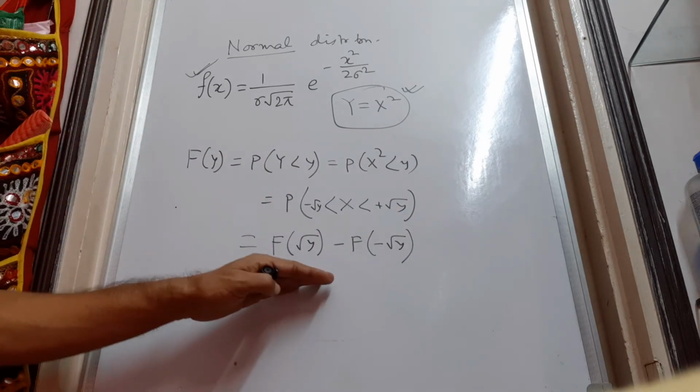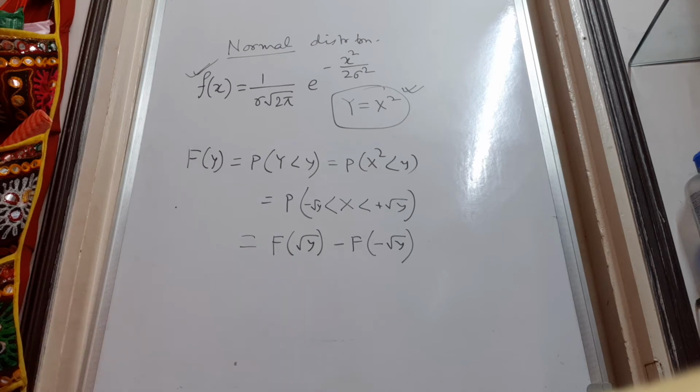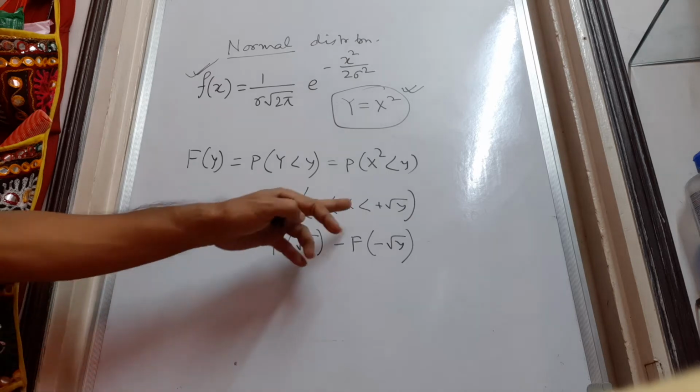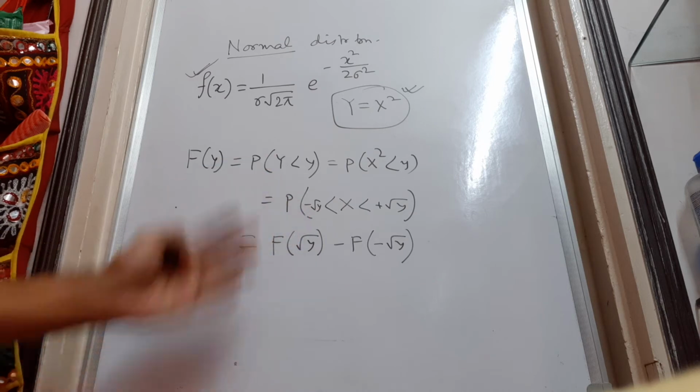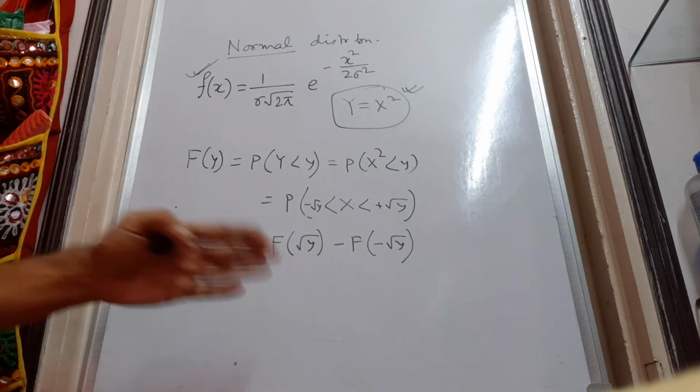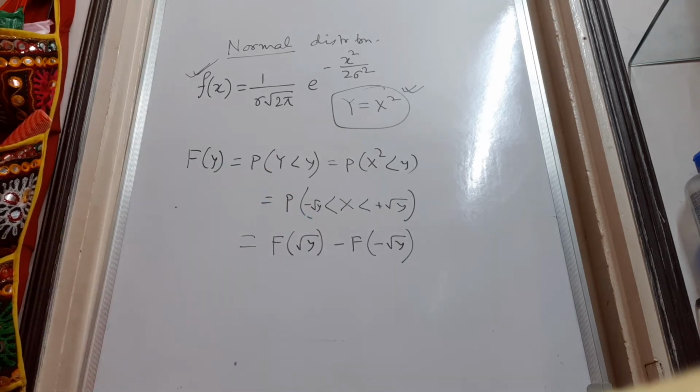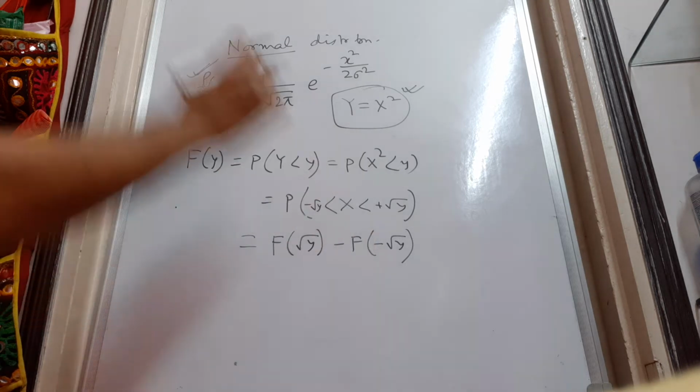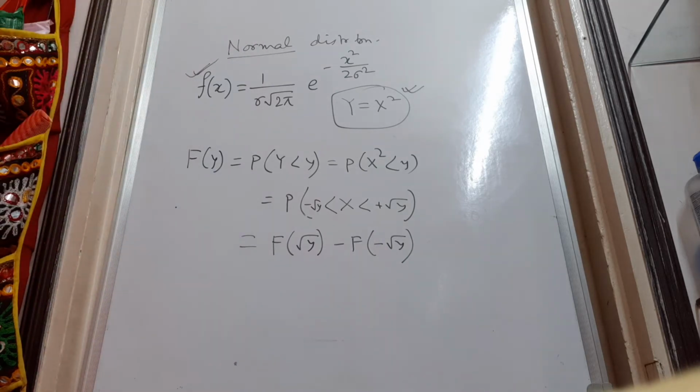This is also clear from the inequality rule, because x greater than minus root y is nothing but 1 minus x less than minus root y, and we have replaced that with F of minus root y.